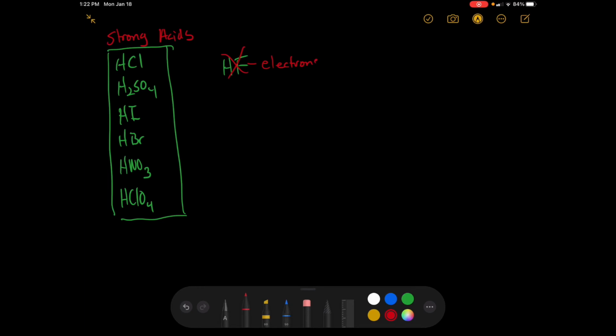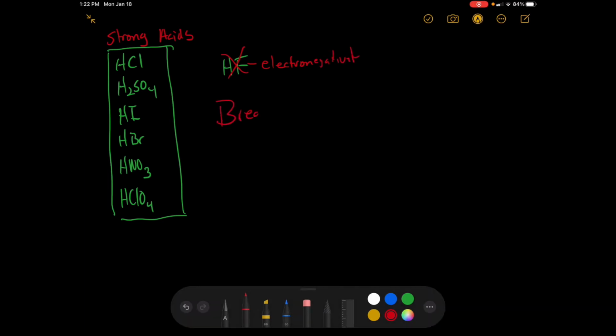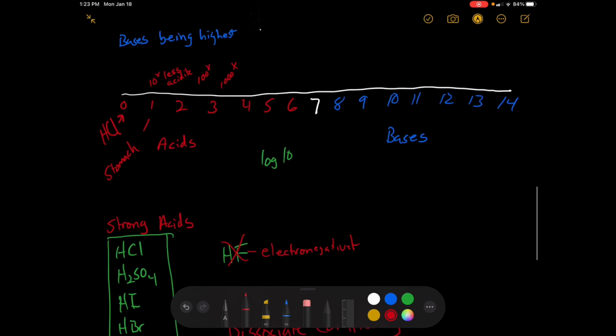Because remember, strong acids break up or dissociate completely. With the electronegativity of fluorine being so high, it makes it very difficult for it to break up completely. So hydrofluoric acid is not. But as you go down the list, hydrochloric acid becomes easier.